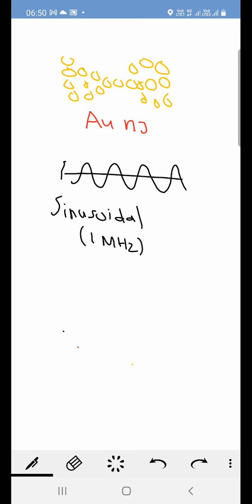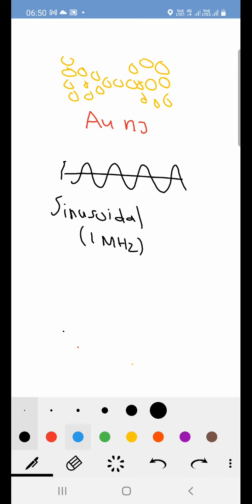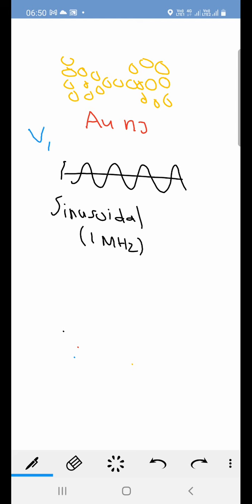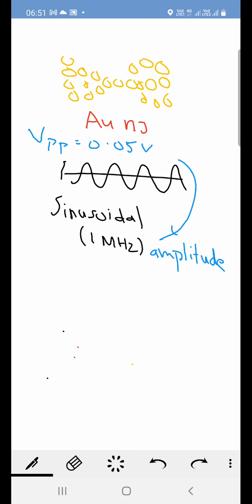So the amplitude denoted by VPP is 0.05 volts. So this is the amplitude. Now, as we said, the G goes down in steps.